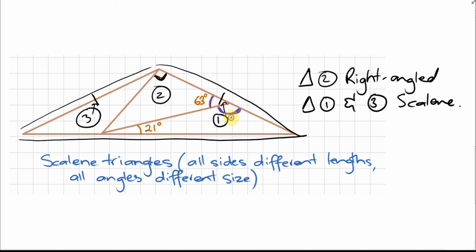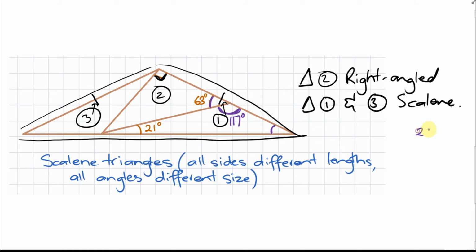So this should be 117 degrees. Now if I look at triangle number 1, I've got 21, 117, then I can actually work out this angle here due to the fact that angles inside a triangle add up to 180.